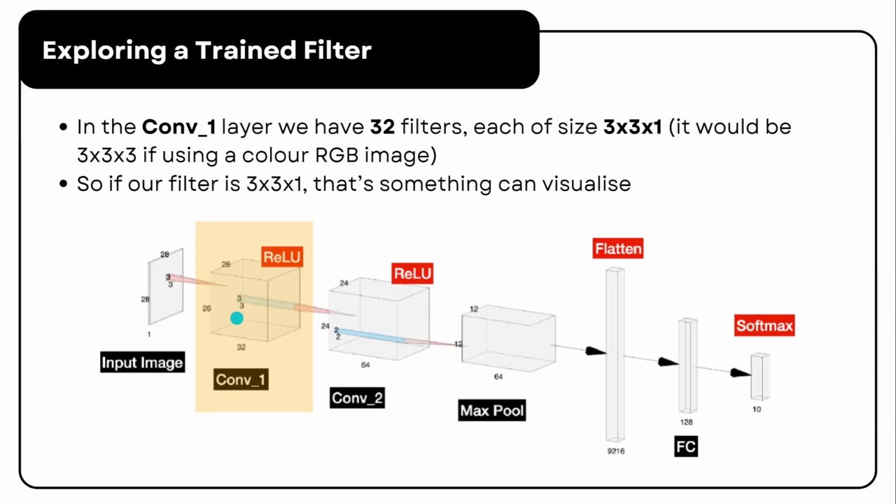After training, these filters have learned to detect specific patterns or features in the image, like edges, textures, or even more complex shapes depending on the layer. That gives us a window into what the network is focusing on when it processes an image.